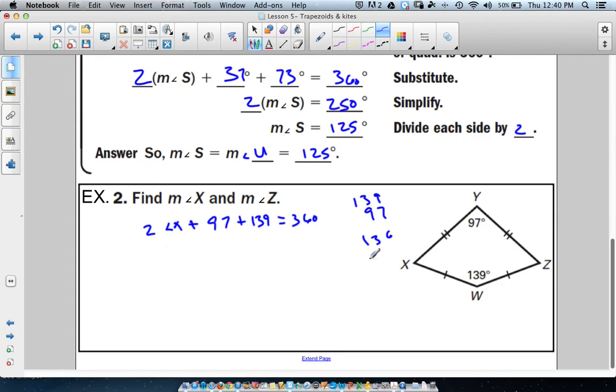Oh, 236, sorry. So 236, 360 minus 236, we're going to have roughly 124 is what those have to be. So 2 times measure of angle X is equal to 124. So divided, X is equal to 62.